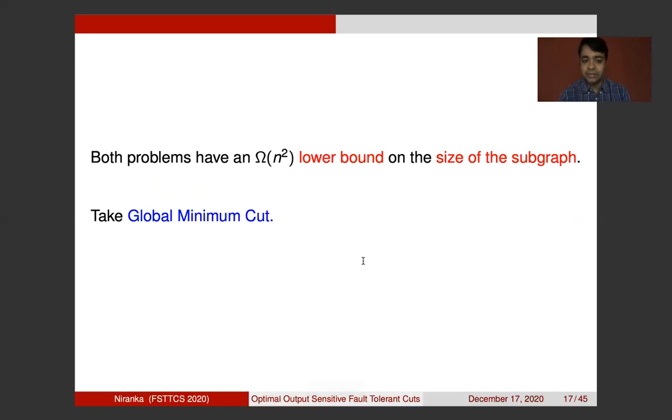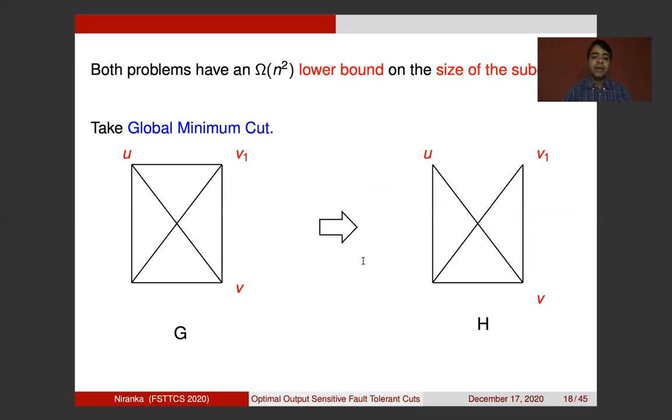For example, take the problem of global minimum cut. Suppose G is a clique on n vertices. Here we have drawn a 4-clique, and say an arbitrary edge of the clique is not there in H. Say that edge is UV.